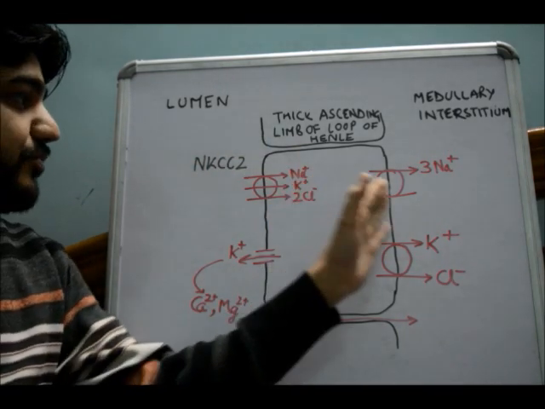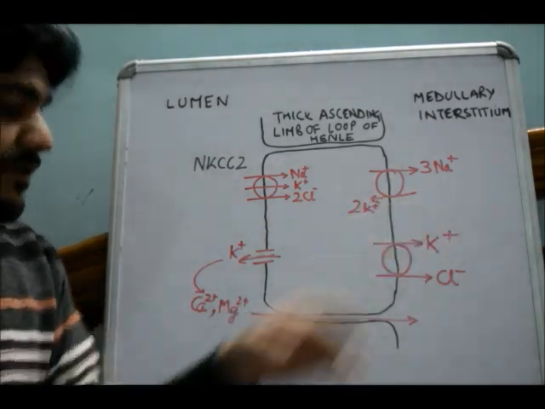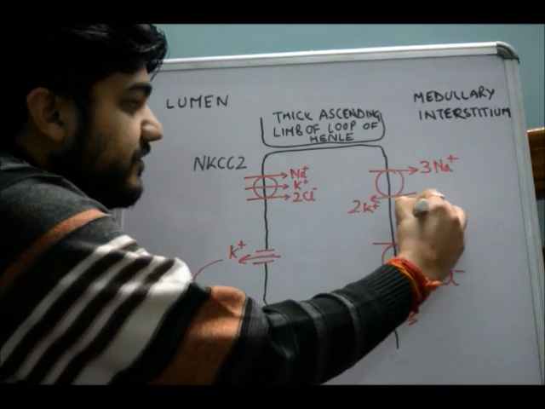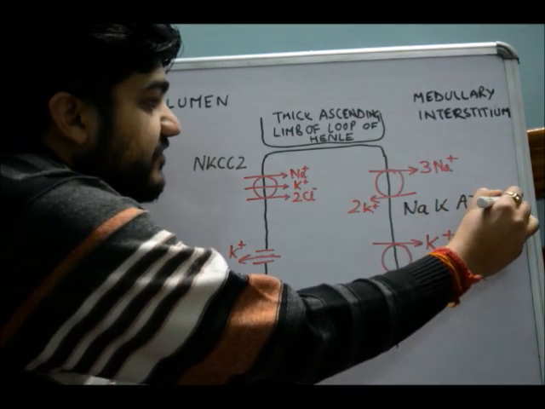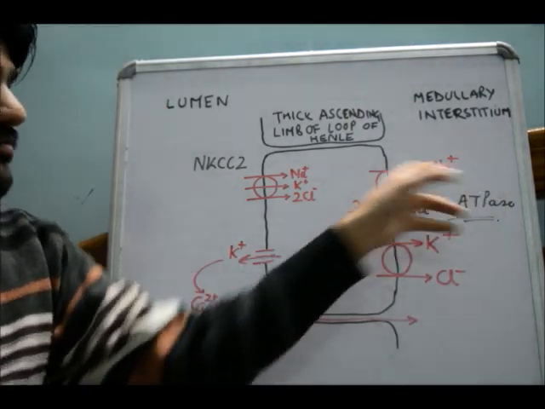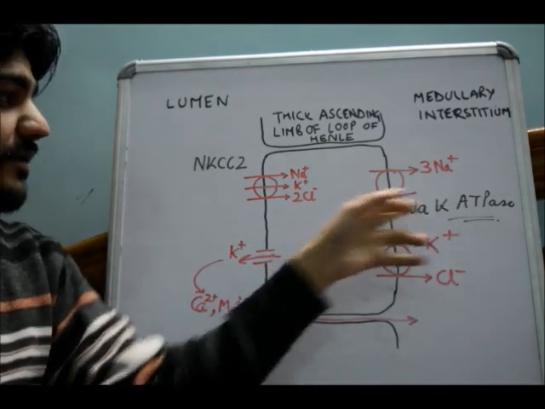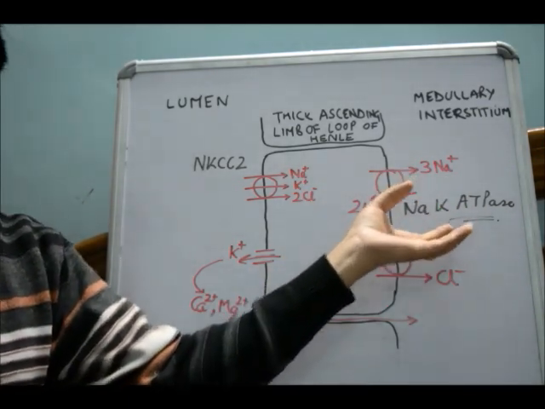In addition to that, in every cell, there is a sodium potassium ATPase, which leads to uphill transport of sodium out of the cell, and uphill movement of potassium into the cell, and this is energy consuming.